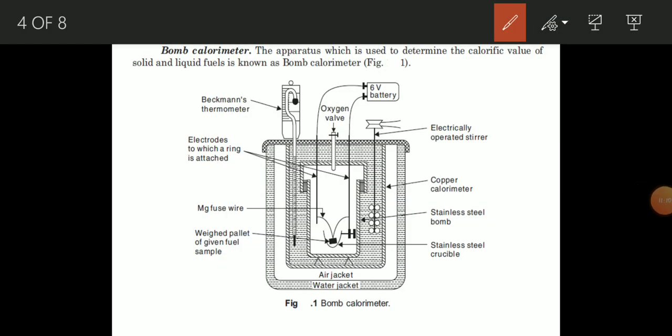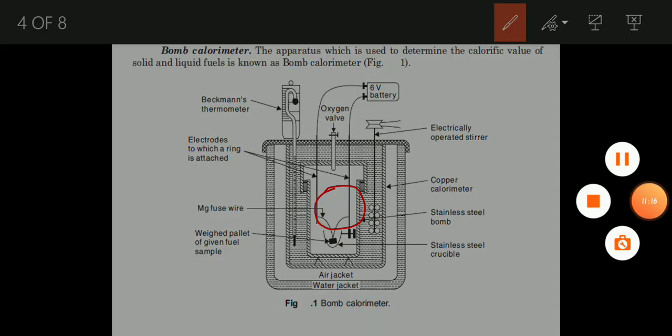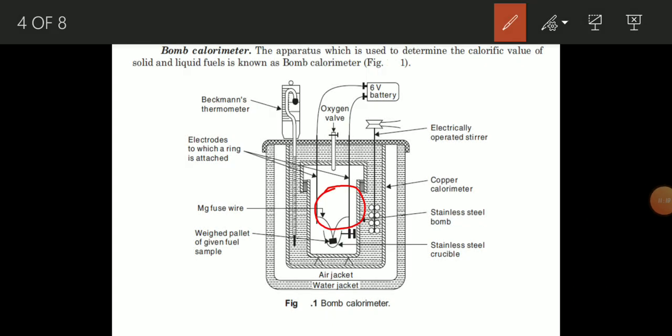These are the two electrodes. In the bomb, there is a nickel crucible attached to the ring. The sample of the fuel is placed in the silica crucible.